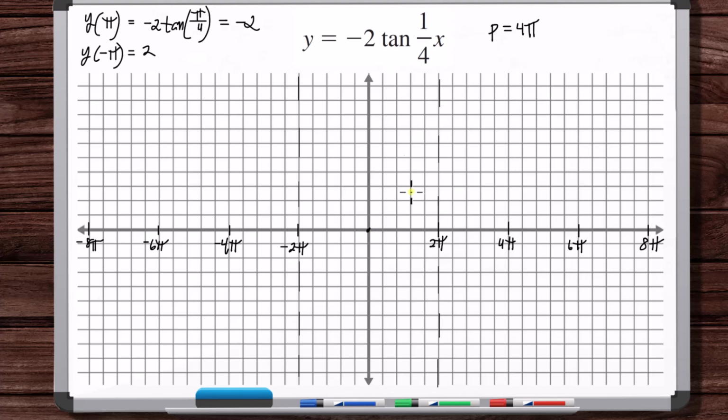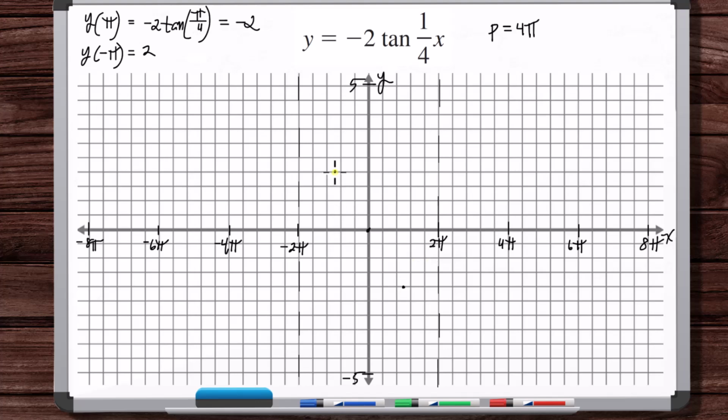So, okay, let's do 5. Okay, so there's minus pi, and we're going to go up to 1, okay. And then there's pi, we're going to go down to 1, 2.